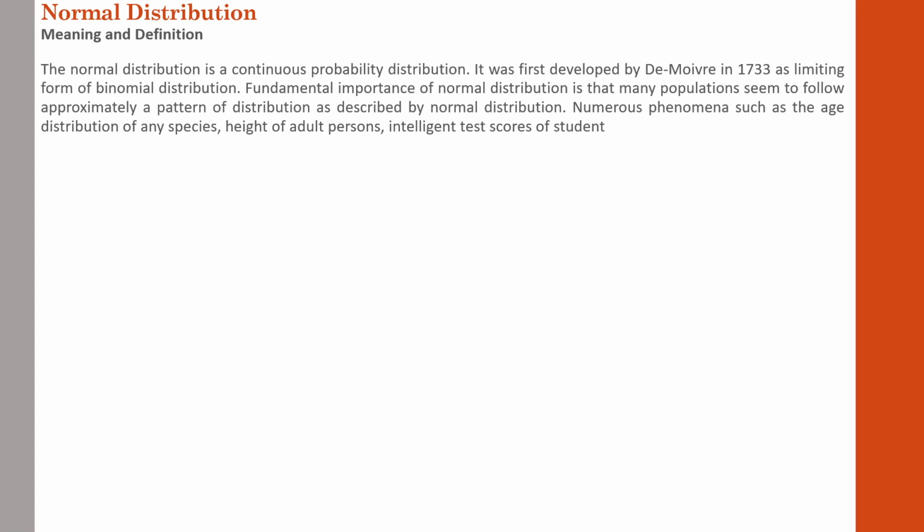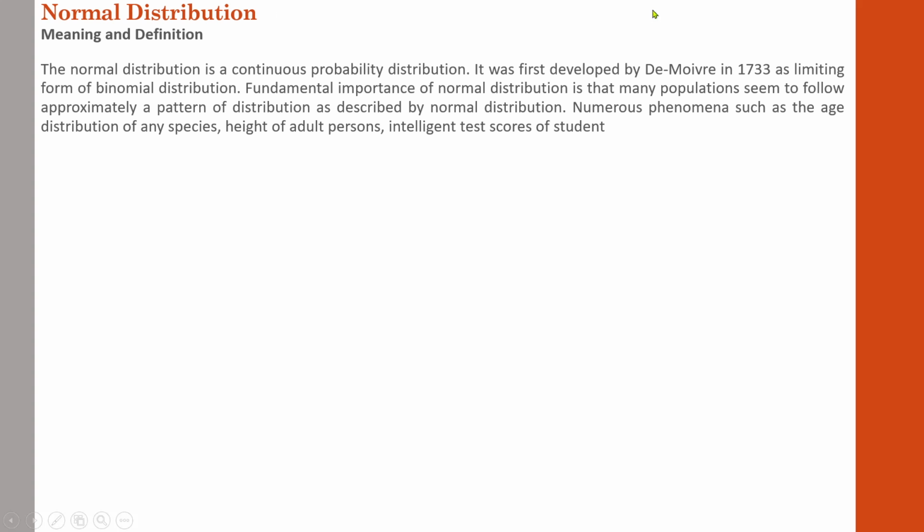The meaning of that is that binomial distribution can't be used in a situation where a continuous series or a class is given. Binomial distribution is applicable in the case of discrete series. Binomial distribution has some limits, which is known as the limiting factor, and that limiting factor is overcome by the use of the normal distribution concept.